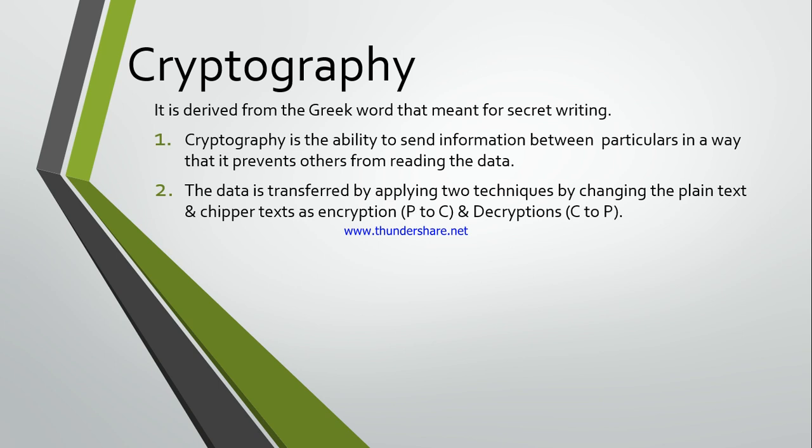Cryptography is the ability to send information between parties in a way that prevents others from reading the data. The data is transferred by applying two techniques: changing the plain text into ciphertext, which is encryption, P to C, and decryption, C to P.